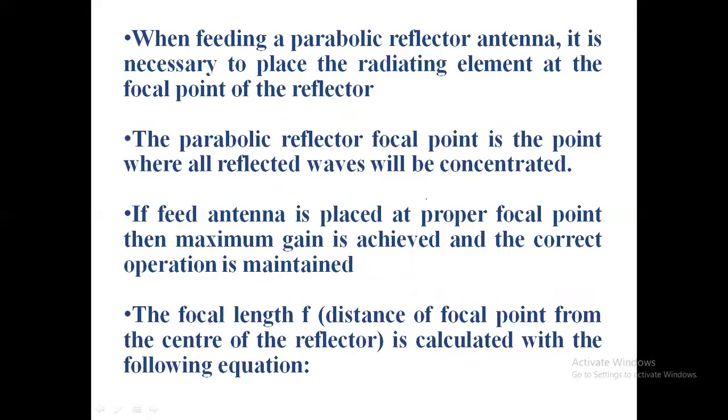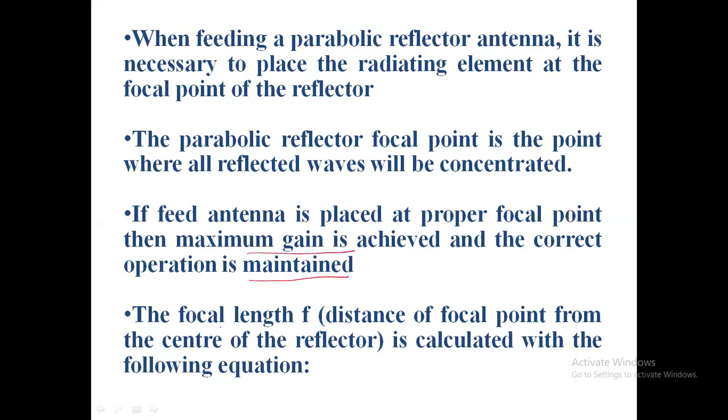When feeding a parabolic reflector antenna, it is necessary to place the radiating element at the focal point, as I already mentioned. If the focal point is placed properly, all the reflected rays will be concentrated in the forward direction, according to our requirement. If the feed antenna is placed at the proper focal point, the main advantage is that maximum gain is achieved and proper operation is maintained.